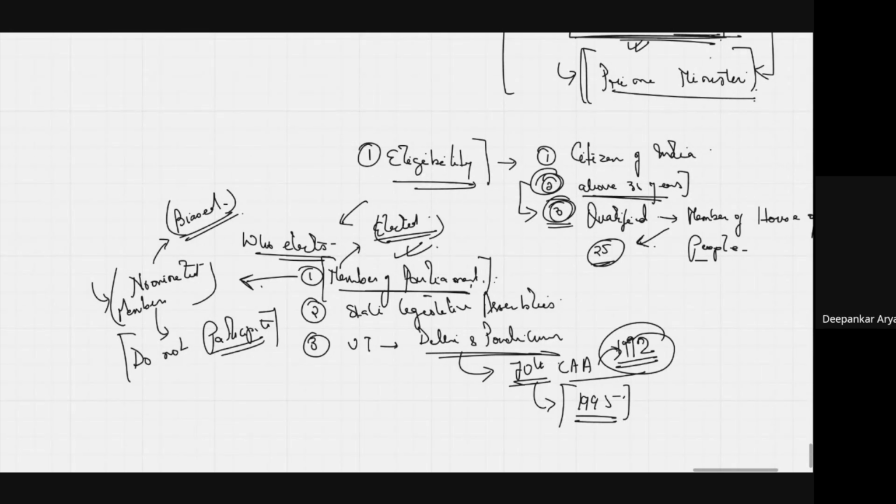So, to maintain the strength of the parliament, the nominated members are also included so that they also have a say. These are some intuitive information we can draw from the wordings of the Constitution. Is it clear? Clear, sir.